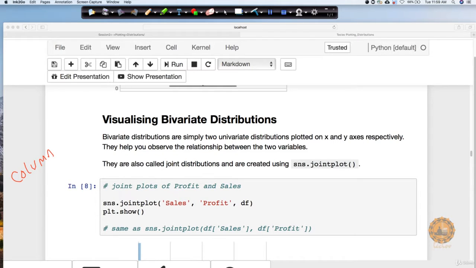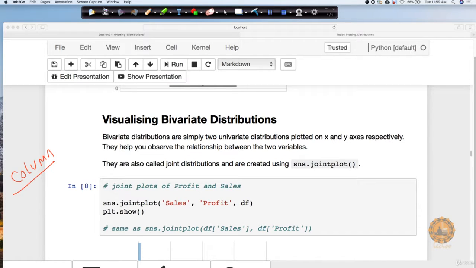For example, you have seen that we were talking about order amount, we were talking about shipping cost, we were not including any other column other than the first column or whatever column is of my consideration. So I was not even bothered about any other thing in that. But when it comes to bivariate distributions, we are going to talk with respect to 2 columns. So not one column, but 2 columns. That is going to be the difference in bivariate analysis.